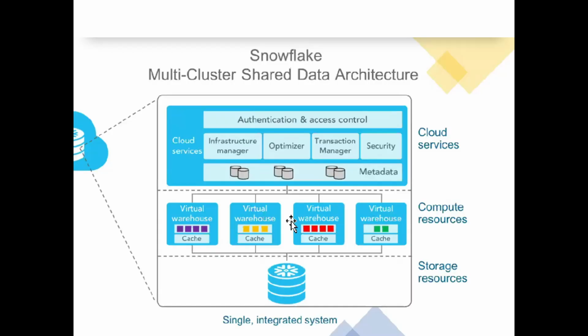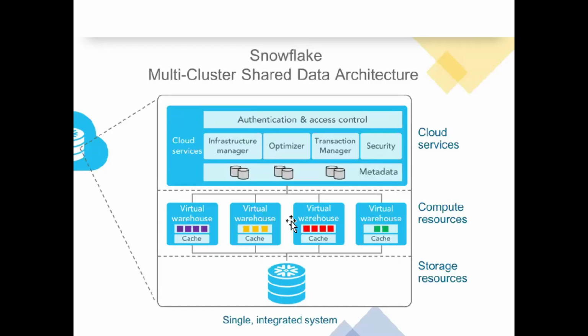If it's available from here, it will pick it and give us the info. If it's not related to metadata, then it will send the query to the computation layer. Computation layer means nothing but our virtual warehouse.